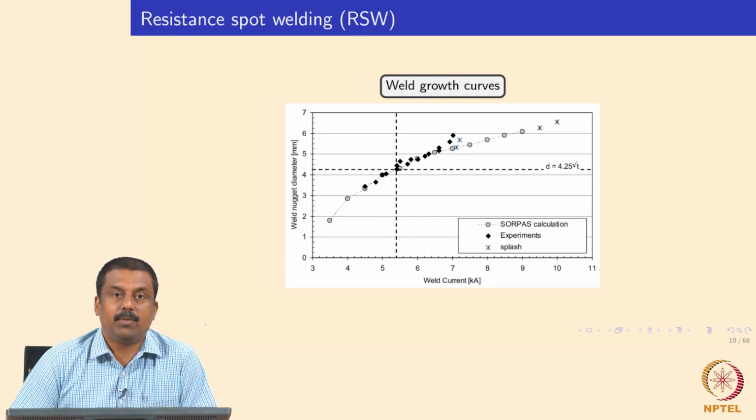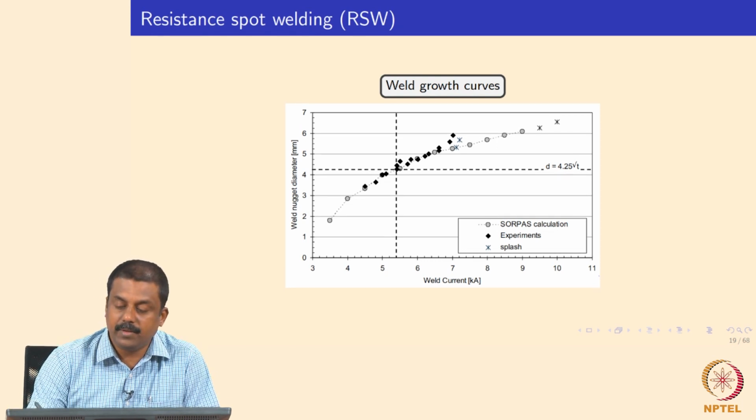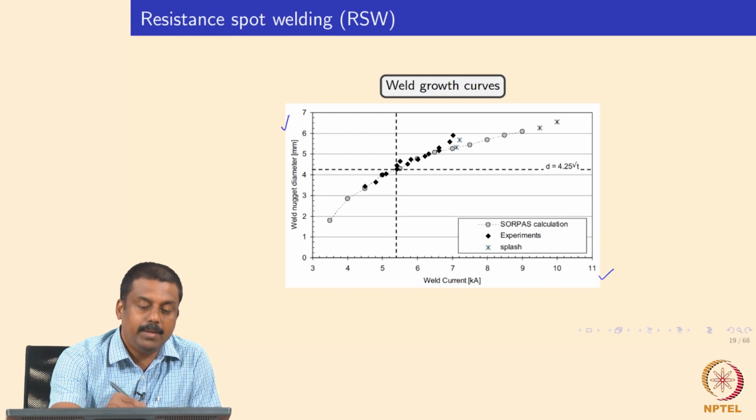You will have to see what the current and the welding time should be to get an acceptable weld nugget diameter. So, we generate what are known as weld growth curves in resistance spot welding. Weld growth curves are nothing but the relationship between the welding current you use and the weld nugget diameter.